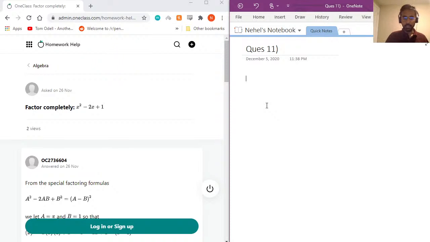This is another factoring question. So we're given an equation x squared minus 2x plus 1.